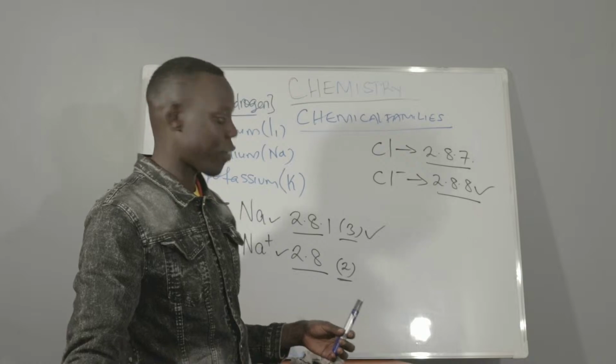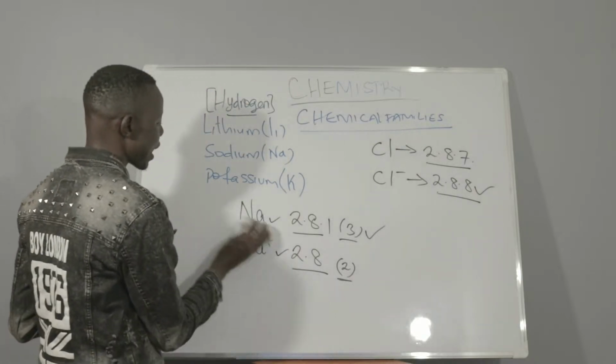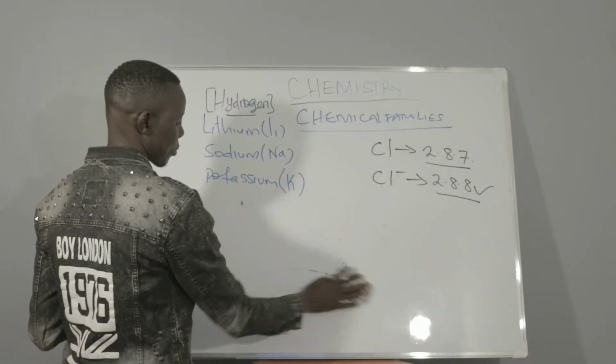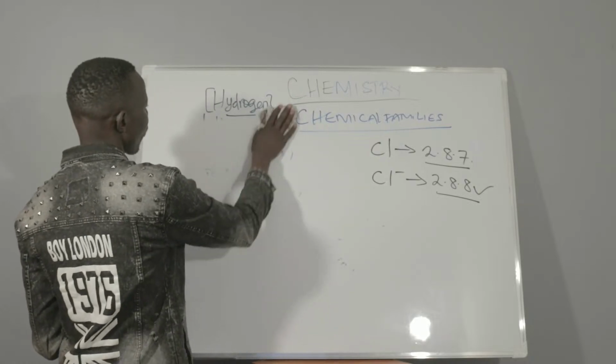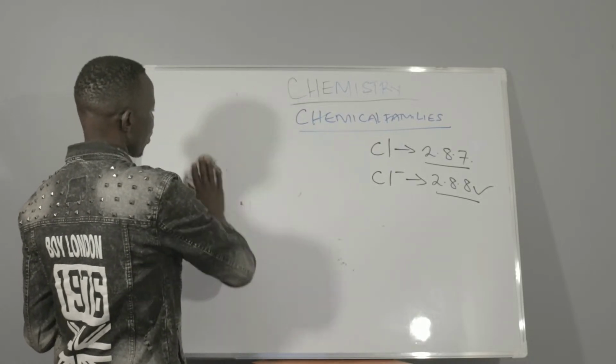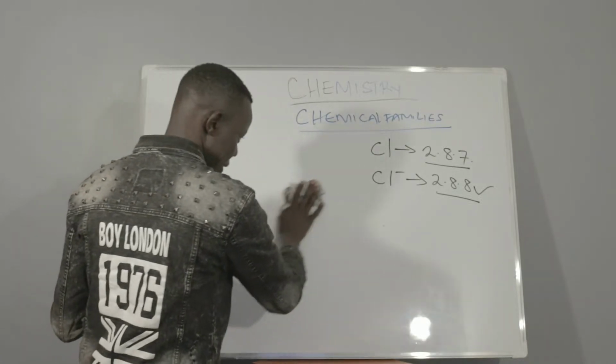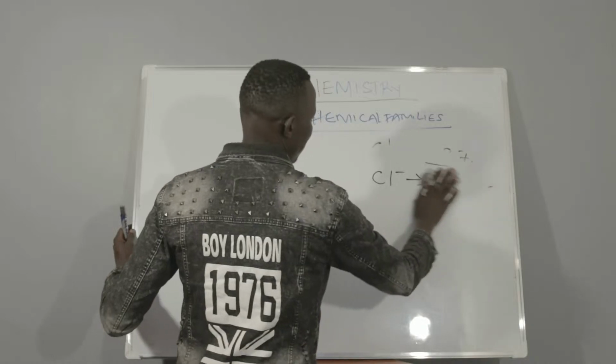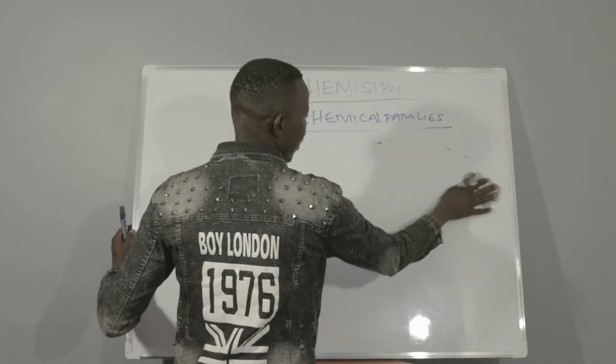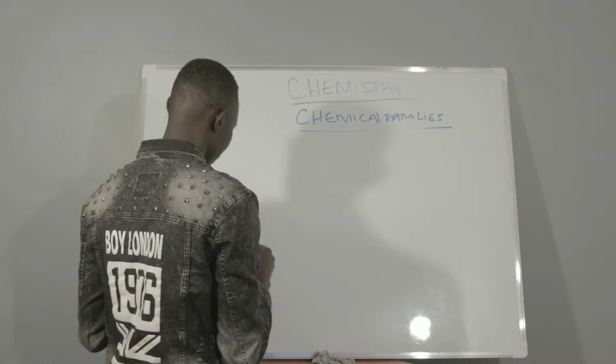Let me define atomic radius and ionic radius. What is it? Kuna mtu ukimwambia define ionic radius ana define vitu zake. Mwingine ukimwambia define atomic radius ana define vitu zake. So look here.